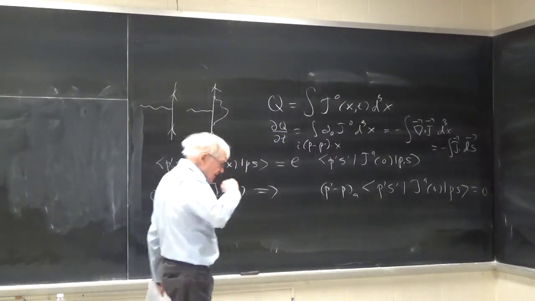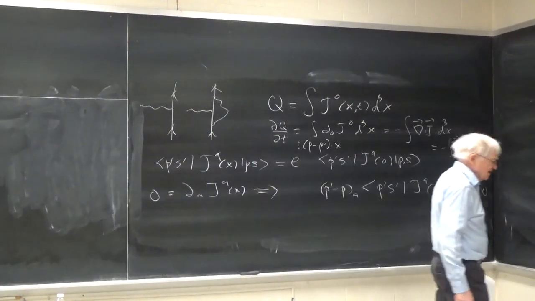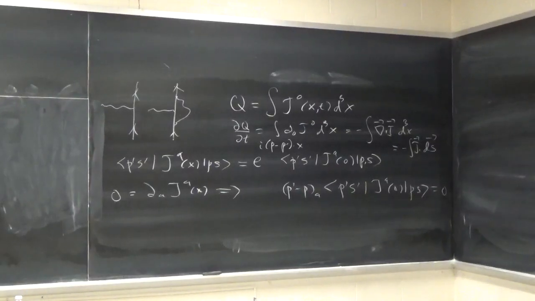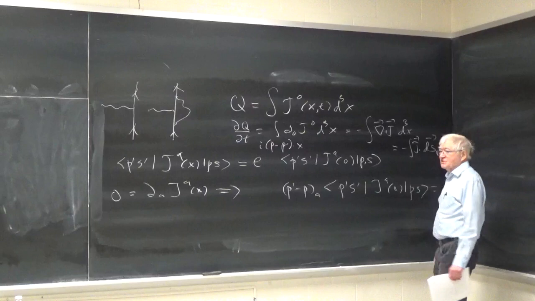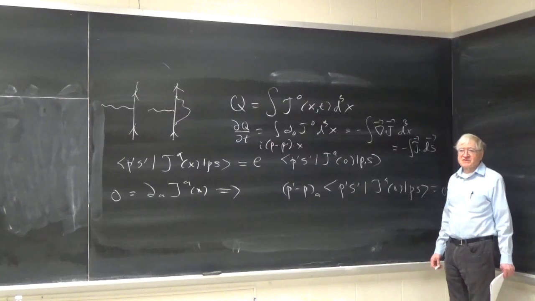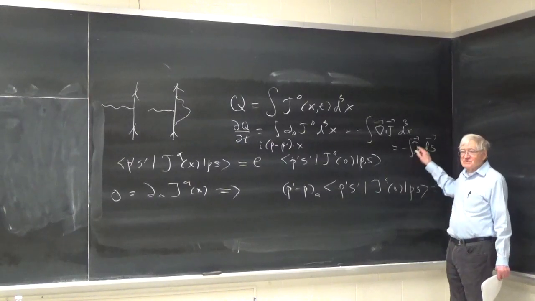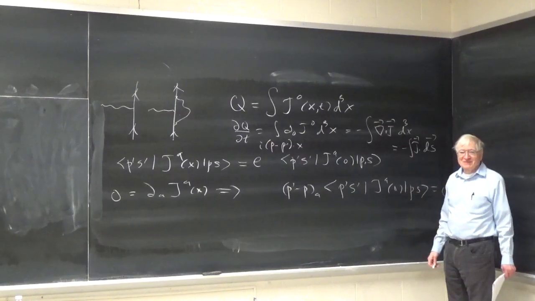There's one case in which it actually is 0, namely if you're dealing with gravity in a spatially closed universe, then the surface vanishes at infinity.